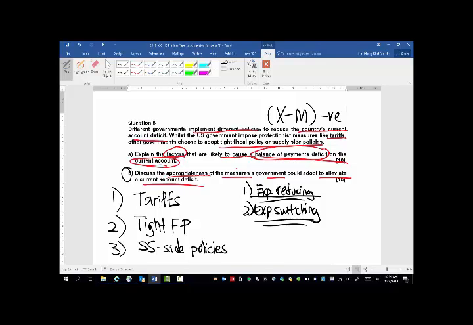So, if you remember, one of the factors that we mentioned here was about incomes. We were talking about your economic growth.